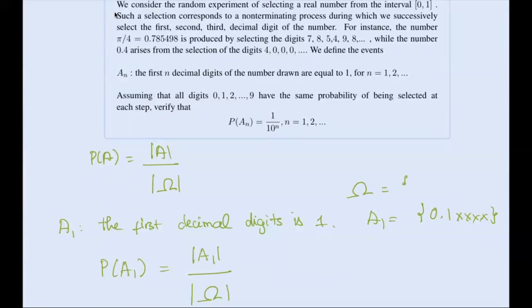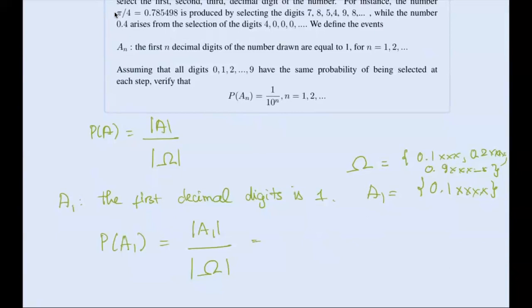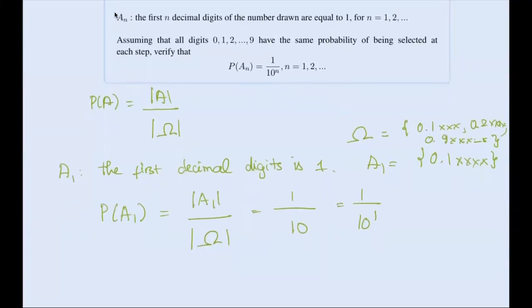Our sample space would consist of numbers like 0.1 and something behind it, and then 0.2 something behind it, up to 0.9 and something behind it, right? So you will see that the cardinality of A1 is 1, and the cardinality of the sample space here is 10. So for probability of A1, I would have 1 over 10, which is 1 over 10 to the power of 1.